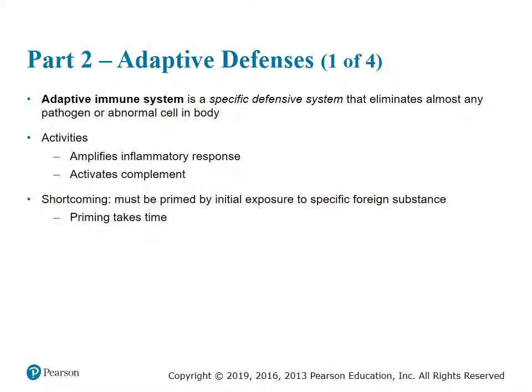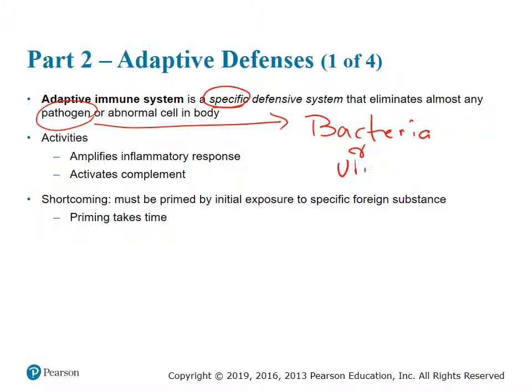Okay, so when we look at the adaptive immune system, the key word that you need to be aware of here is specificity, otherwise known as something being specific. The adaptive immune system is a specific defense system that will eliminate pretty much anything abnormal or pathogenic in the body. For example, if we have pathogens in the body, such as bacteria and viruses, both of which are considered pathogens, we have a specific defense against those.